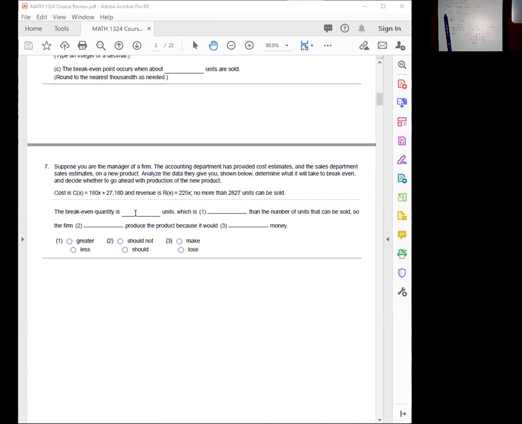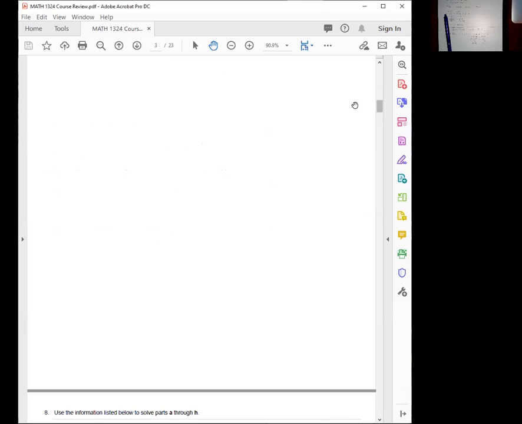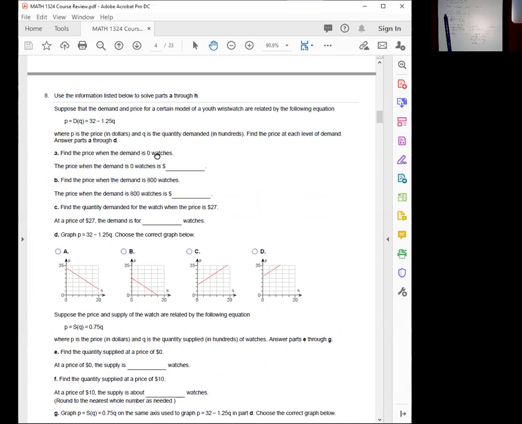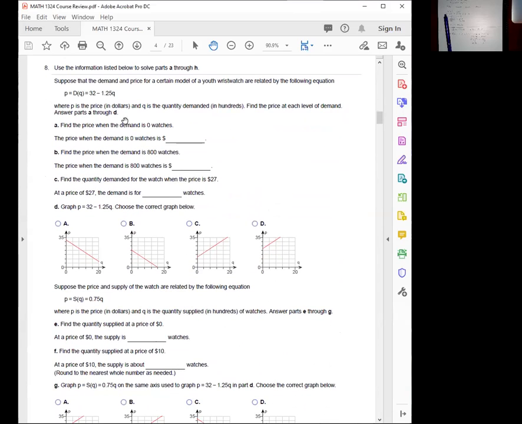So right here, this would be 604. Here we would just put that it's less than the amount that I could sell. Number two, the firm should produce the product because it would make them money, right? Because this number is way above what we found.